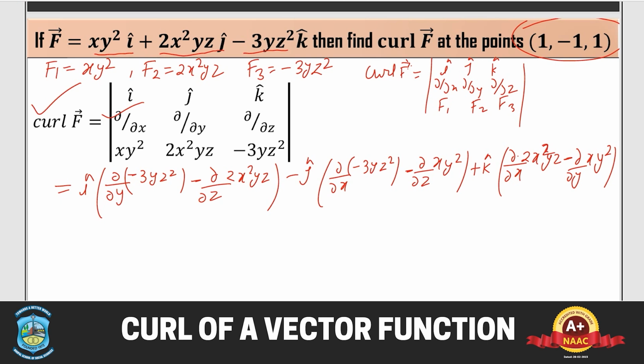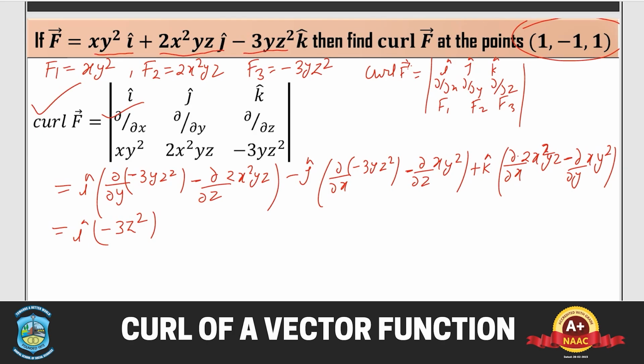Now, we have to do partial differentiation. When we differentiate minus 3 y z square partially with respect to y, that value is minus 3 z square, as minus 3 z square deals like a constant and we just differentiate y with respect to y, that value is 1.